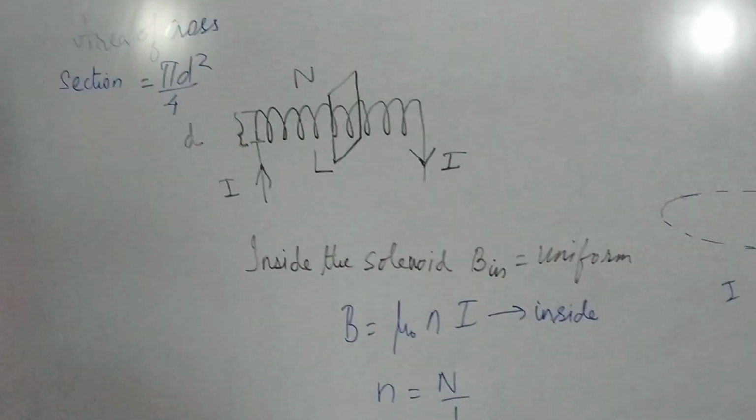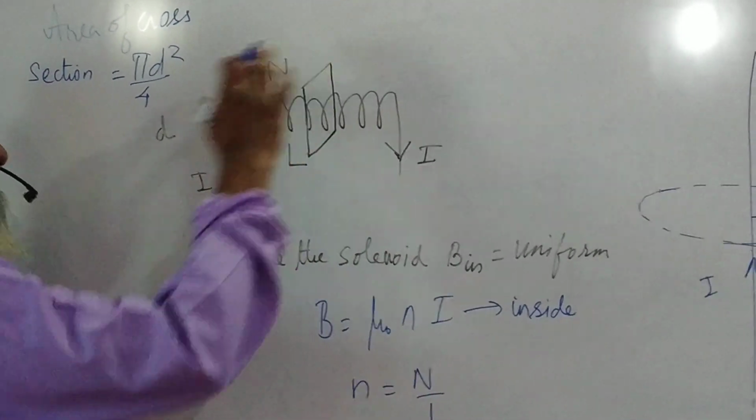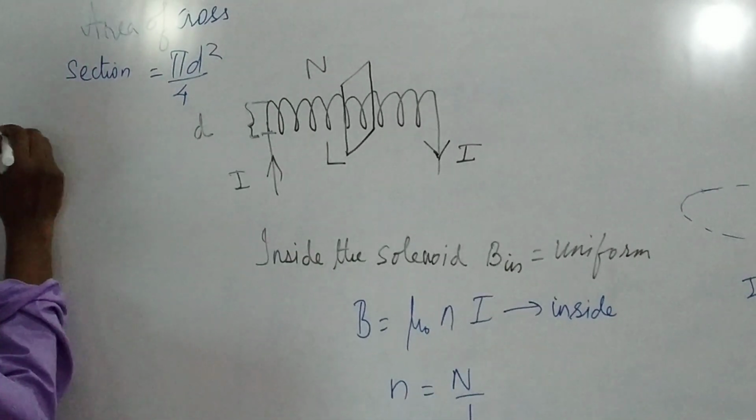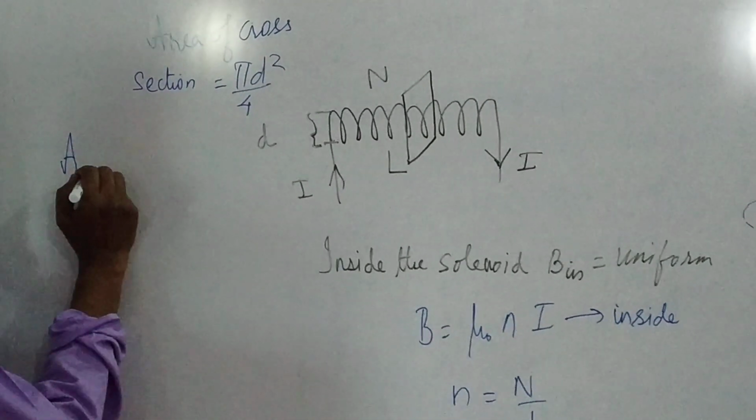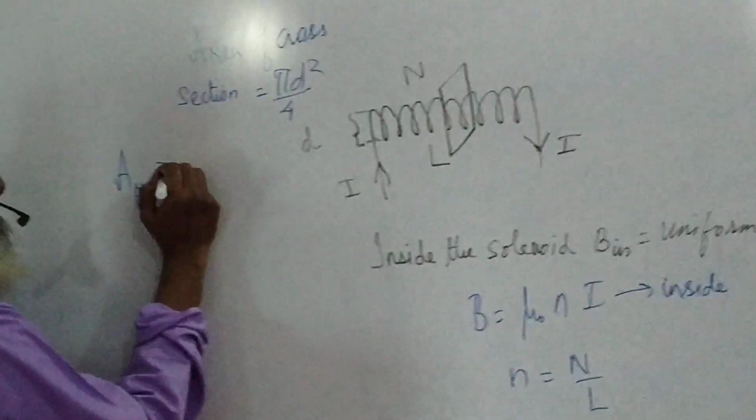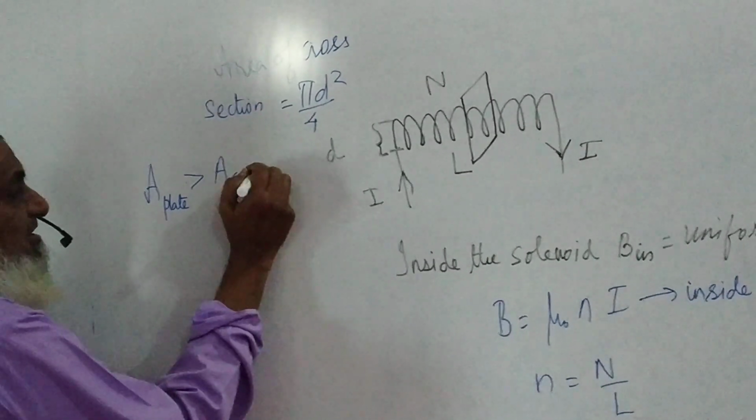This area of cross section is small and the area of the plate is large, so the area of the plate is greater than the area of cross section.